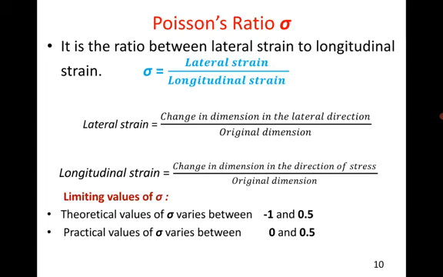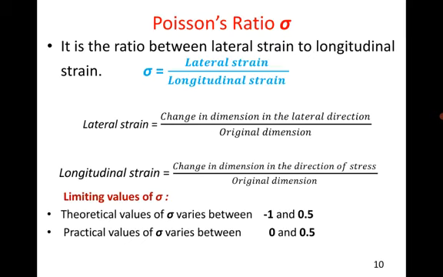Then Poisson's ratio. It is the ratio between the lateral strain to longitudinal strain, and it is denoted by sigma. It is equal to lateral strain by longitudinal strain, and lateral strain is defined as the ratio of change in dimension in the lateral direction to the original dimension.